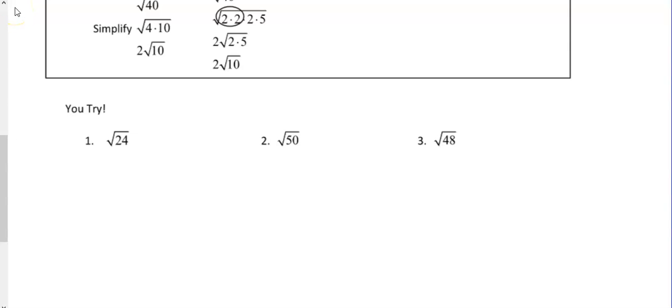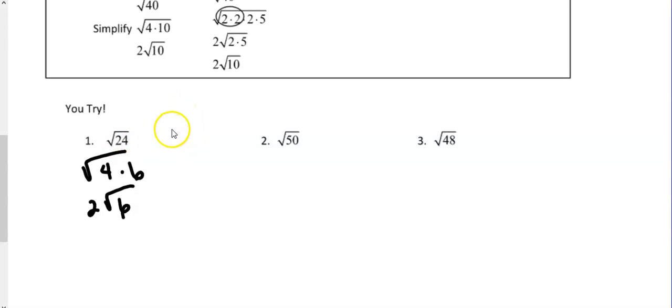So to simplify the square root of 24, the largest perfect square being 4, I can make this the square root of 4 times 6, or 2 square root of 6.